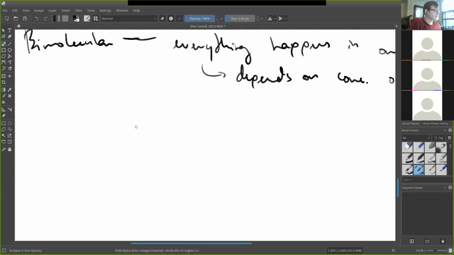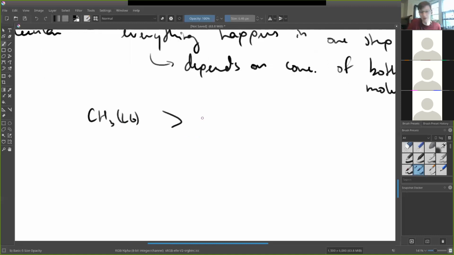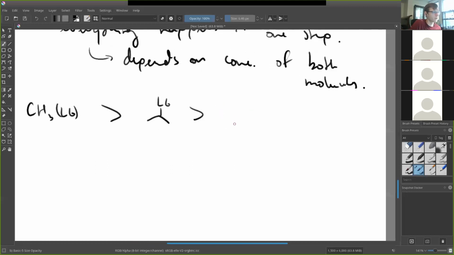in general, let's look at CH3X, where X is a leaving group, or we can say LG. This will react faster than, for example, a secondary carbon, and that is way better than a tertiary carbon.